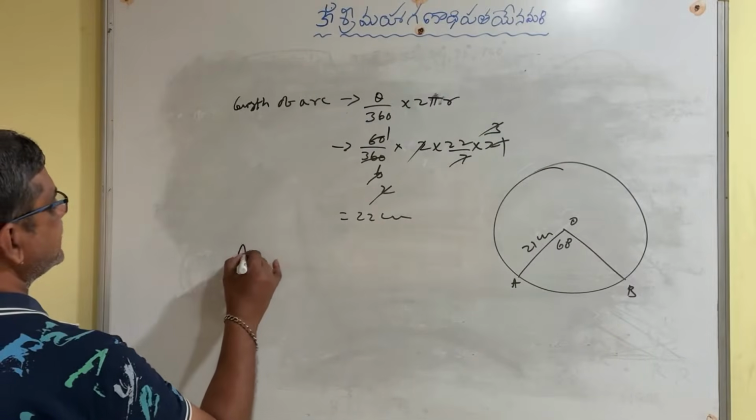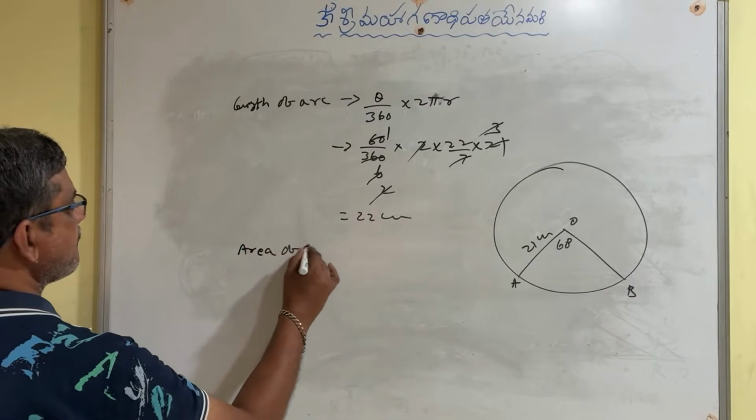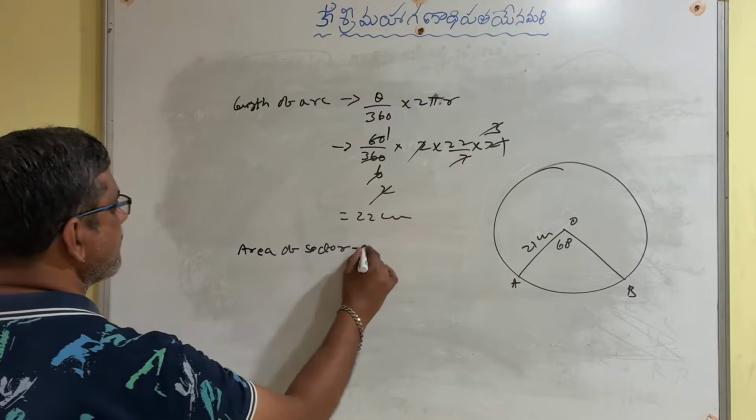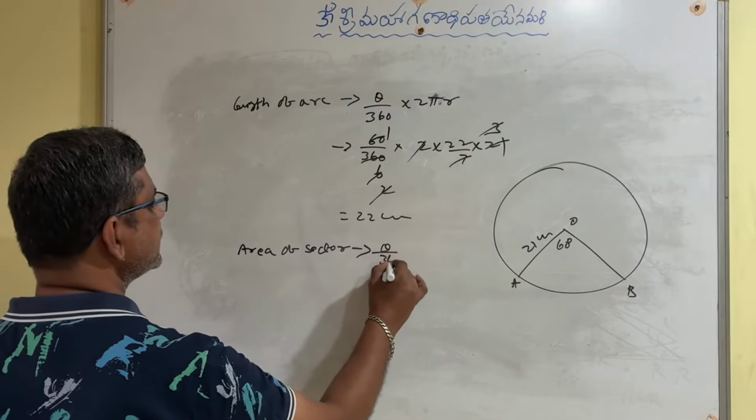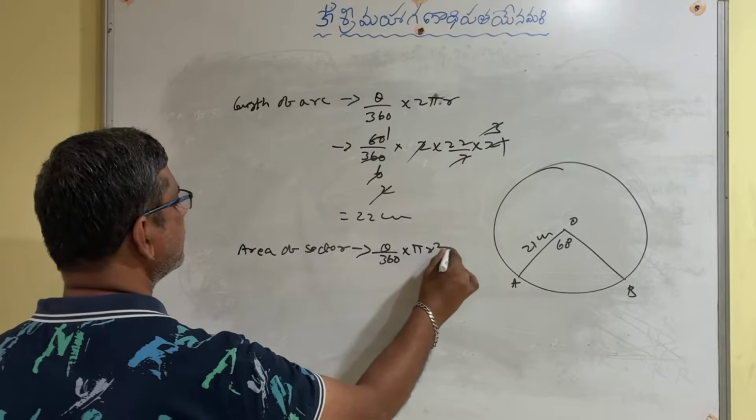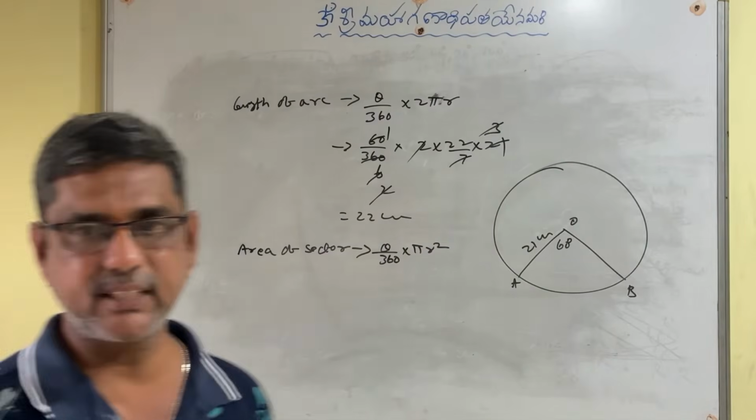Now find the area of the sector. Theta by 360 into pi r square. Find the area of the sector, children.